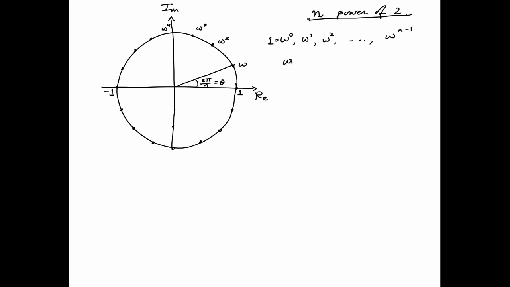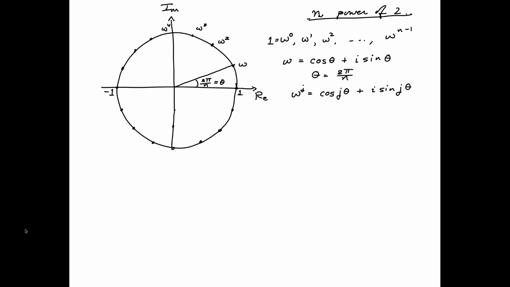Omega, again, is cosine theta plus i sine theta, where theta is 2 pi over n. Omega to the j is just cosine j theta plus i sine j theta.